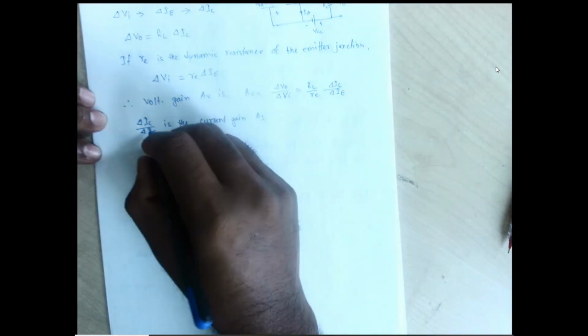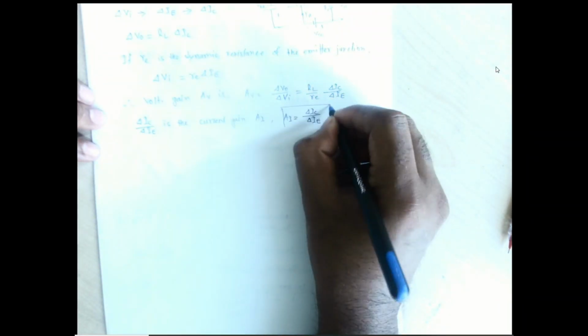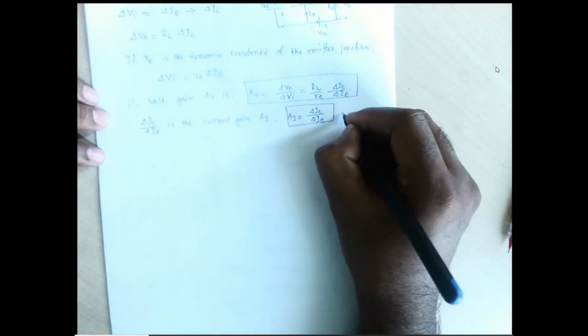So obviously this AI is del IC by del IE. This AI is slightly less than unity, less than 1. Why?